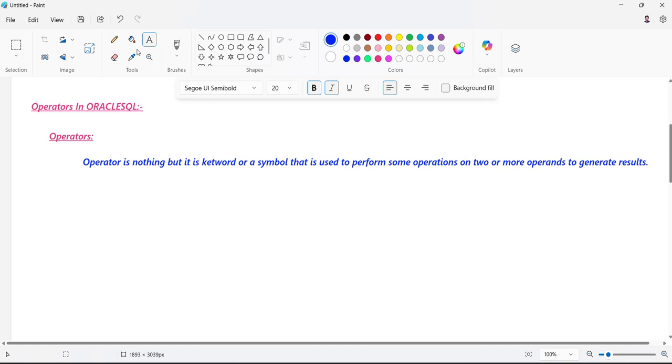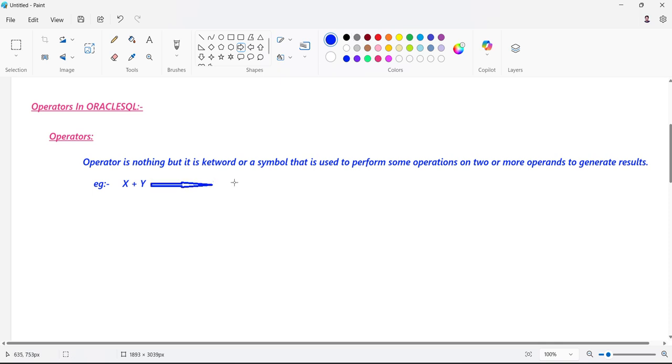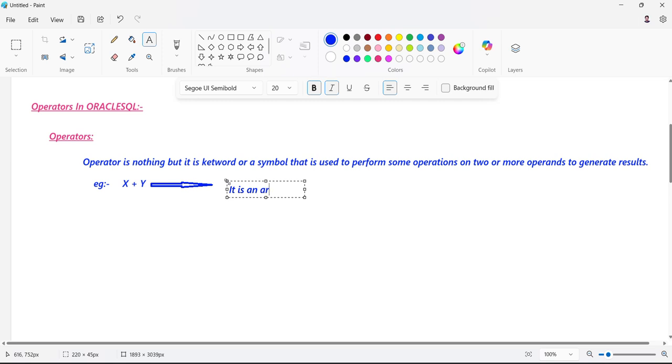So, let's take an example like x plus y. Here it is an arithmetic operation.